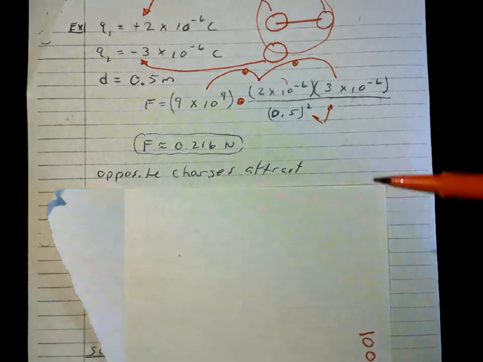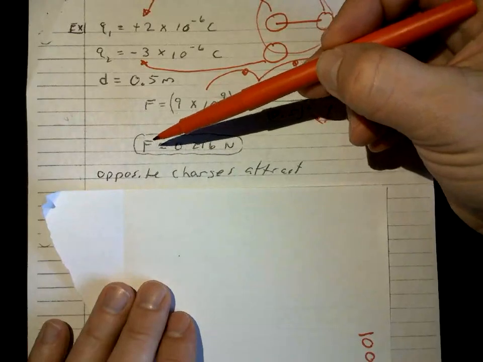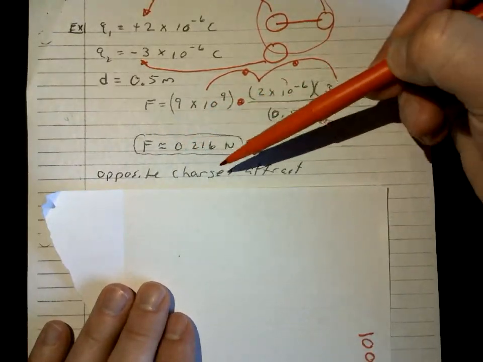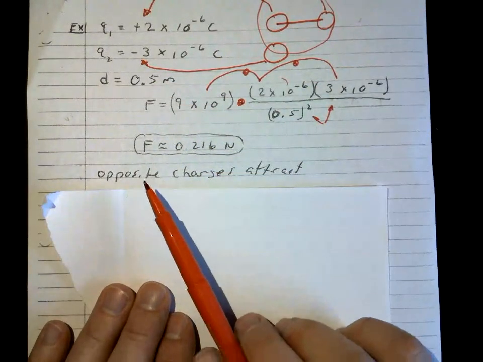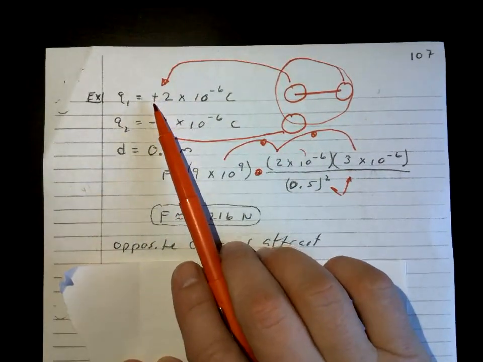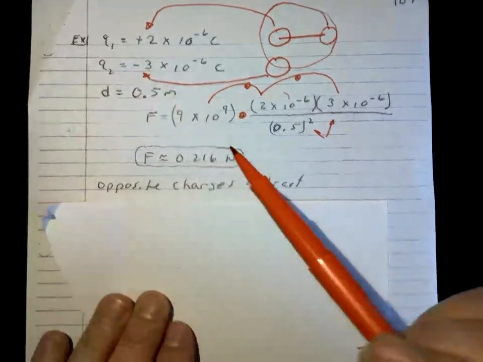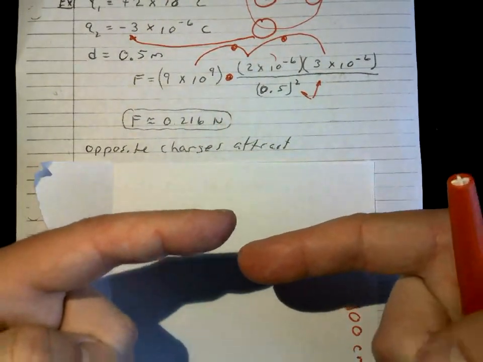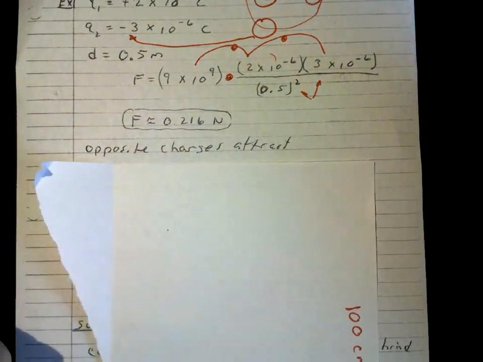What's going to pop up is the force between the two charges. Opposite charges attract, so you know this was positive and negative. That means they are going to attract each other with a certain amount of force.